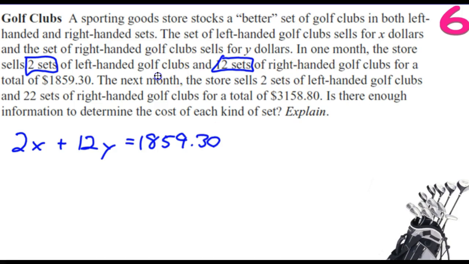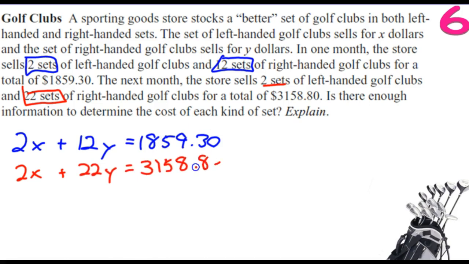The next month, they sell 2 sets of left-handed golf clubs again, so 2 times X plus 22 sets of right-handed clubs, and that is $3,158.80.